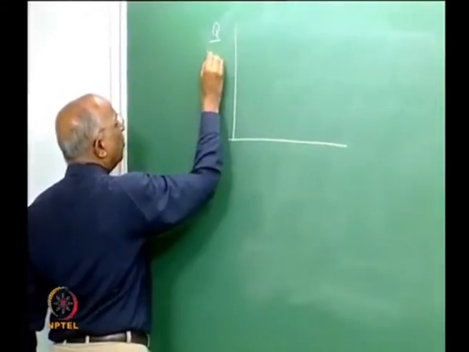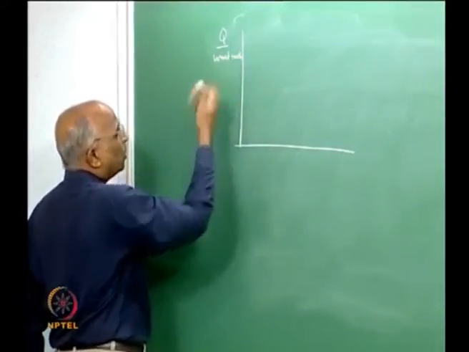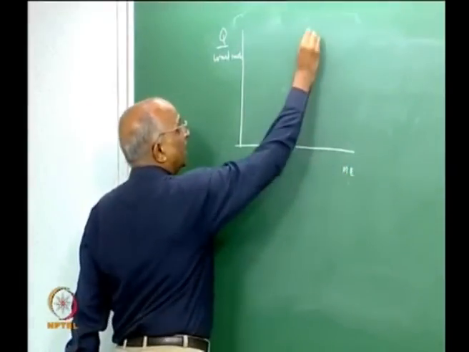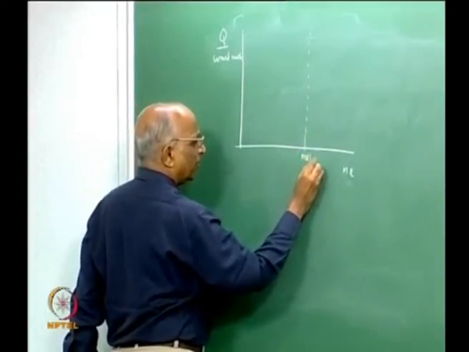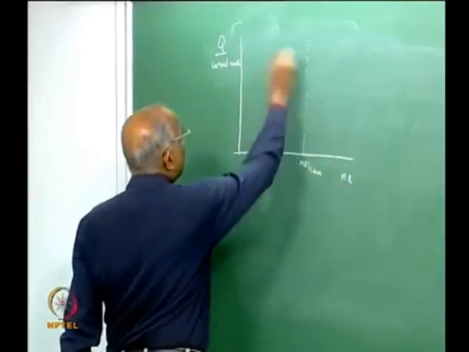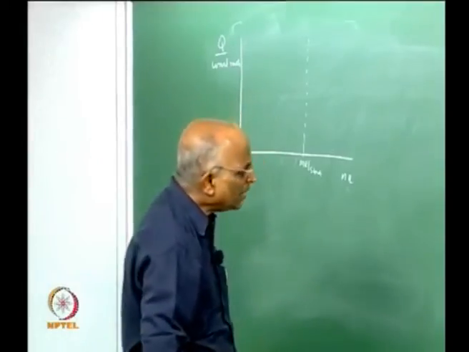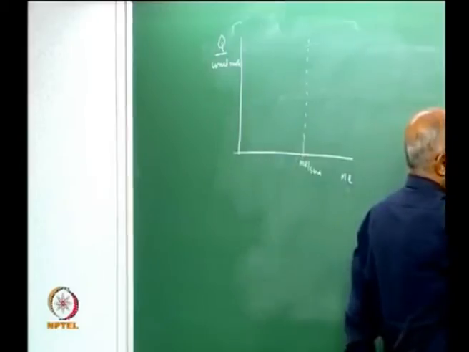Q per unit mole, or which is similar, Q per unit mass as a function of mixture ratio, and then I again put mixture ratio stoichiometry. How will that curve which was like this translate over here? Let's do this exercise. Let's again go back into these equations and see.